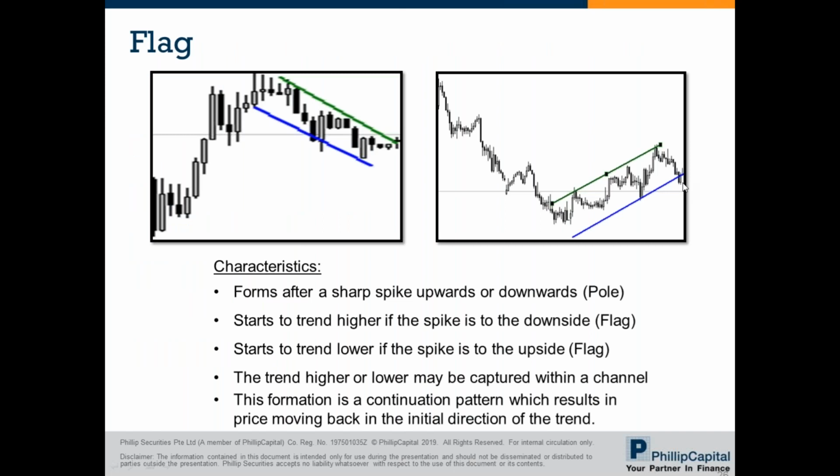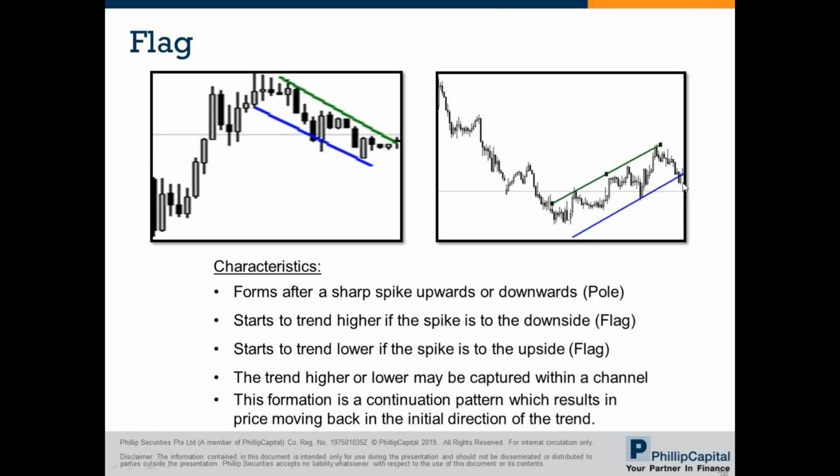Some characteristics of this flag pattern: you will observe it is formed after a sharp spike to the upside or a sharp spike to the downside, right? This forms the pole of the flag. With every flag comes a pole, indicated by the sharp spike to the upside or downside.